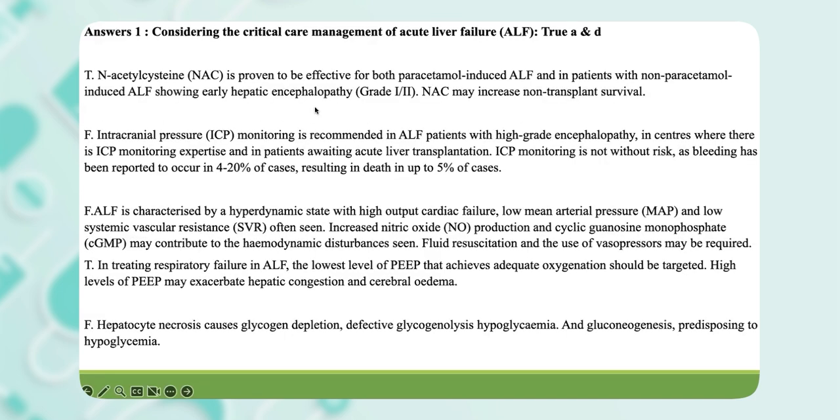N-acetylcysteine is effective for paracetamol-induced acute liver failure, and the evidence also says that NAC may have a good effect in non-paracetamol poisoning. Intracranial pressure monitoring is not mandatory, and definitely not for low-grade encephalopathy. In high grade, where brain edema is there, ICP monitoring is indicated, but invasive ICP monitoring is nowadays not recommended because of bleeding risks.